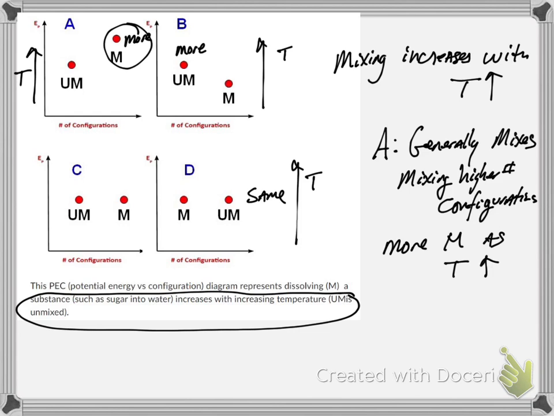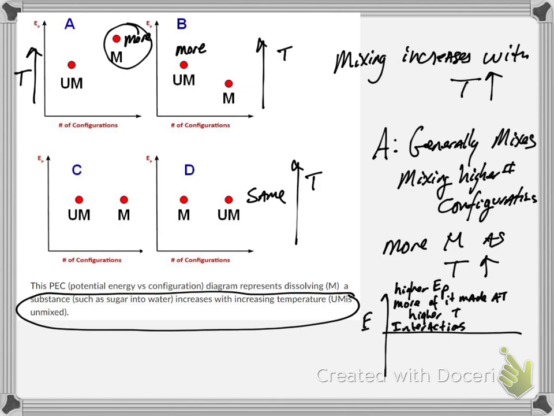So you want to make sure that when you're looking at potential energy, a couple things. Number one, if it's higher potential energy, more of it is made at higher temperatures, and also the interactions are less stable, weaker.